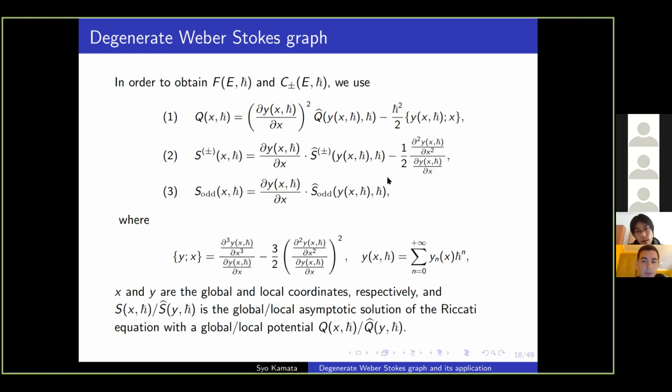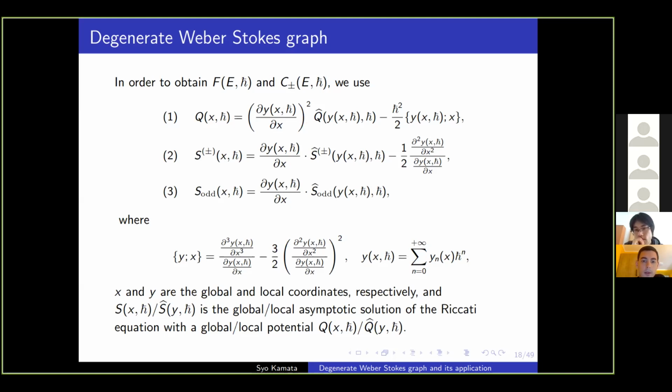My question is, is there an analytic meaning to that power series in ħ? Because to me, it looks like it's initially a formal series. Analytic meaning. Of course, it's a formal series, but of course, we consider the Borel summation.